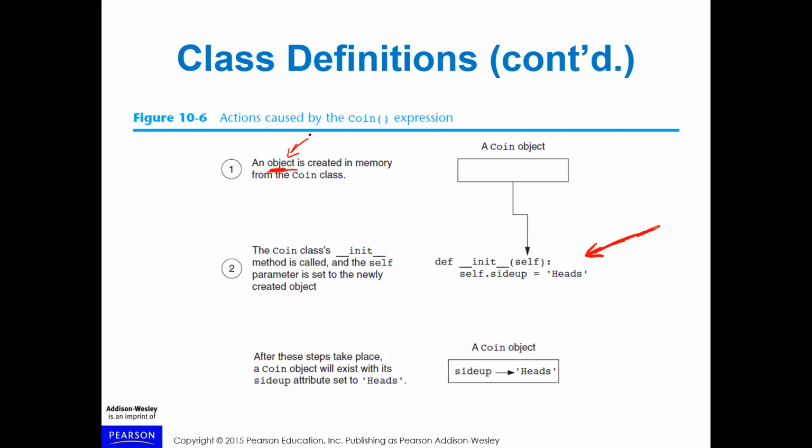An object is created in memory from the coin class. So you have a coin definition, and then you create an object. So there it is, a coin object.